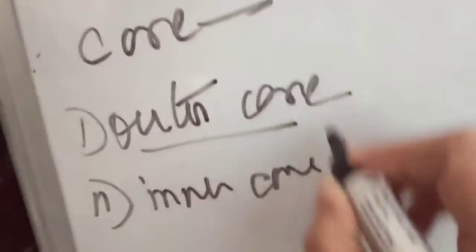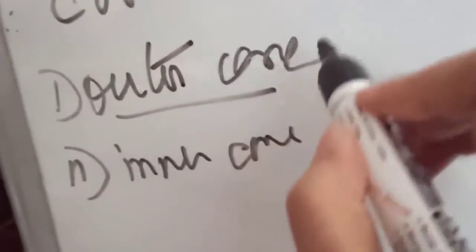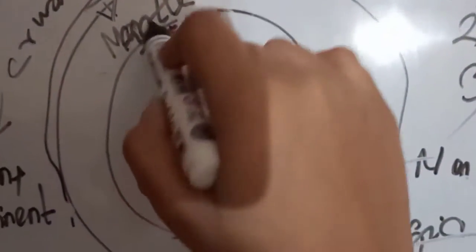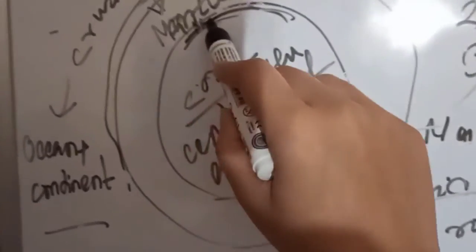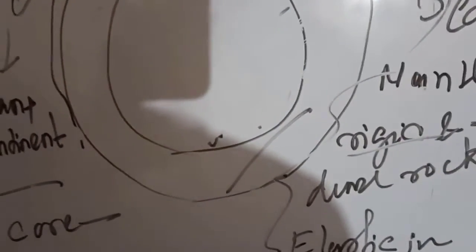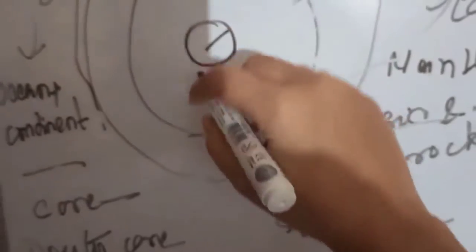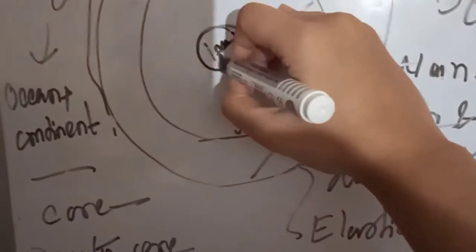The outer core is the layer lying just beneath the mantle. The extreme central portion of the core we call the inner core.